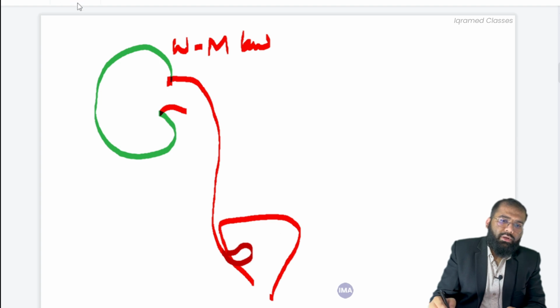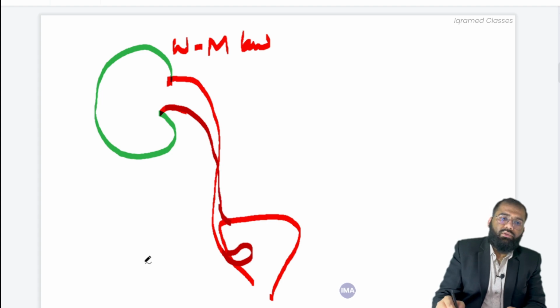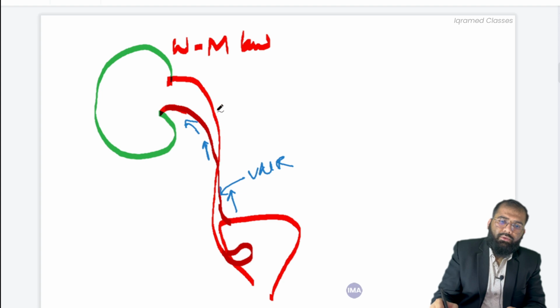And the lower ureter has normal insertion, but the lower ureter shows signs of vesicoureteric reflux. So in the lower ureter, which inserts above, you have vesicoureteric reflux, and in the upper ureter you have ureterocele.